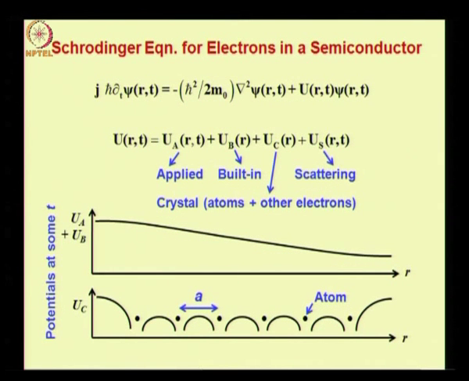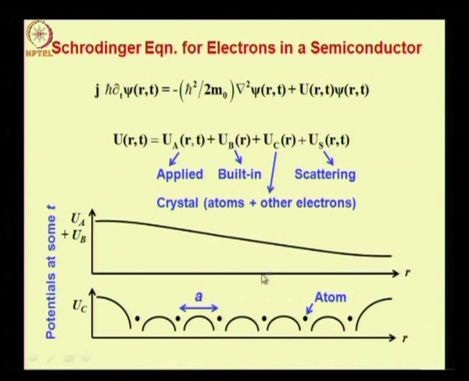The Schrodinger's equation for electrons, when you use the wave approach, is given here. The potential term when you are dealing with electrons in a crystal consists of several components, such as the applied potential, the built-in potential, the crystal potential, which consists of the effects of atomic nuclei and other electrons and holes, and the scattering potential, which is a random potential.